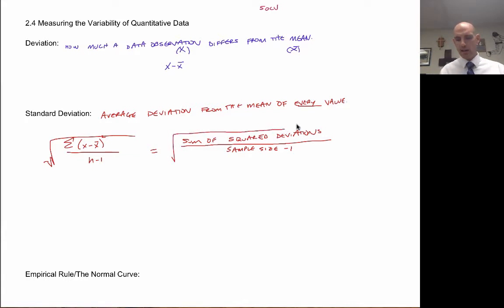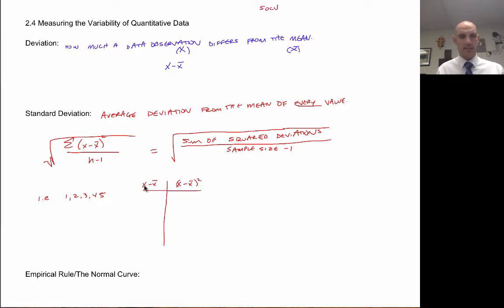And I'm going to show you exactly how this works with the data set 1, 2, 3, 4, 5. So if I had some raw data here, what I'm going to calculate is a table. So x minus x bar in this column, and then x minus x bar squared.